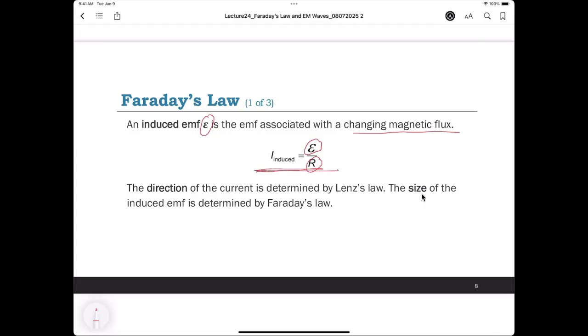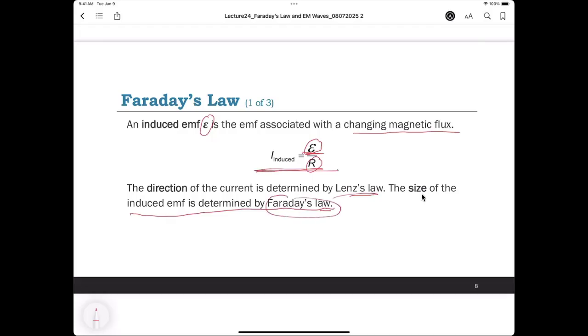The direction of the current is determined by Lenz's law. We have already talked about that. And the size of the induced EMF is determined by Faraday's law. How can we calculate the induced EMF? We can use Faraday's law.